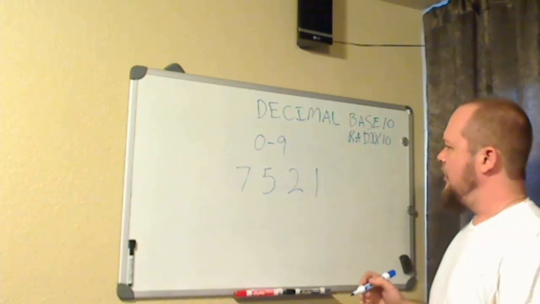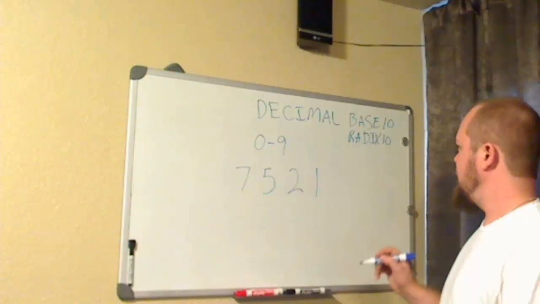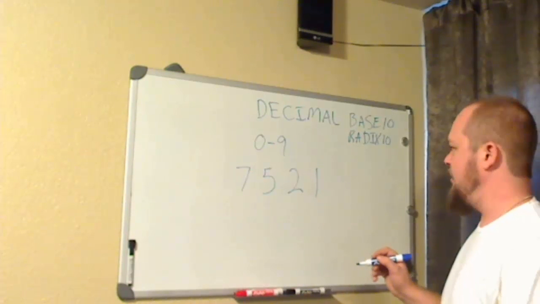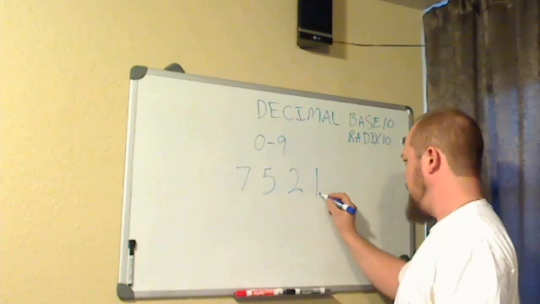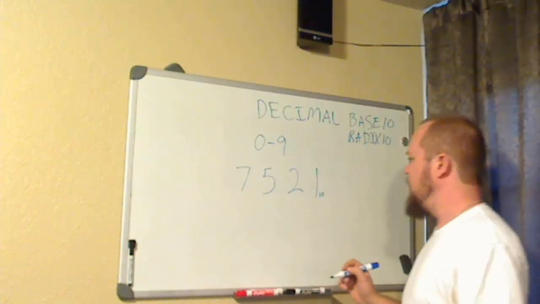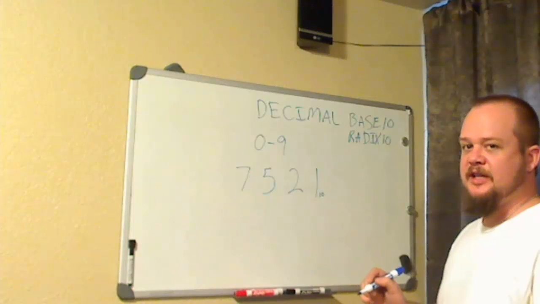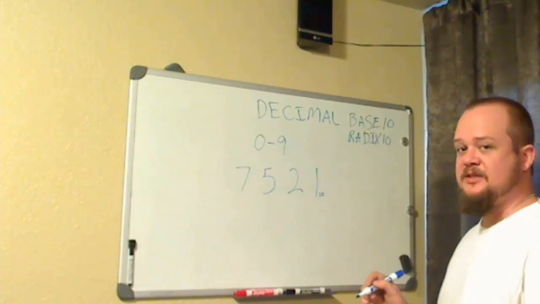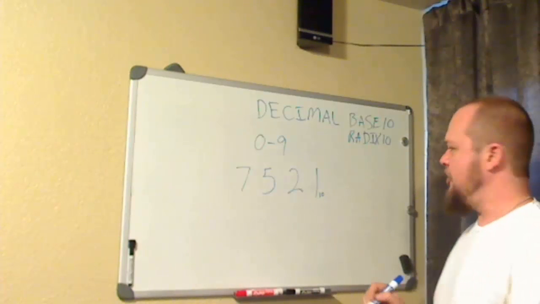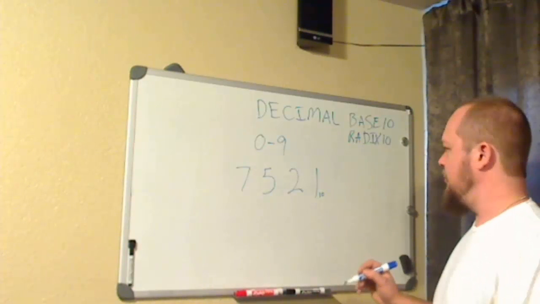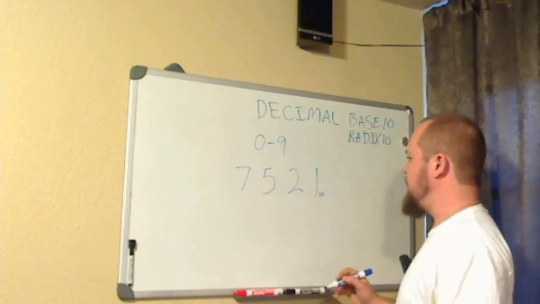Now, to denote that this is a base 10 or radix 10 decimal number, you could place a small 10 on the bottom right corner of the number. If this were a hexadecimal number, for example, which is base 16, you could place a small 16 to let someone know that this would be a hexadecimal number. In this case, you're dealing with decimal.